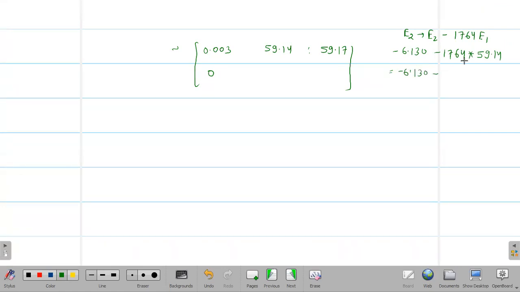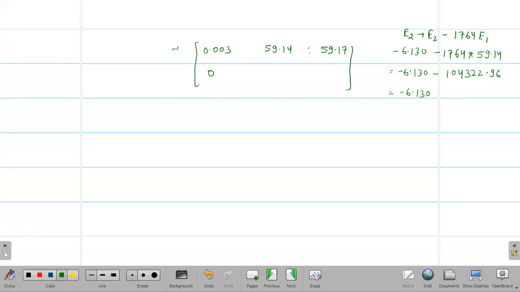If you multiply these two, it will be 104,322.96. Actually, this is not 4 digits, but how to maintain 4 digits in this case? You cannot write 1043 only, because it is 104,322. So you cannot write 1043 only.